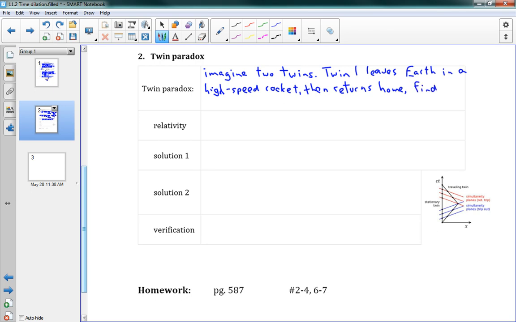Finding that twin 2 has aged more than twin 1.